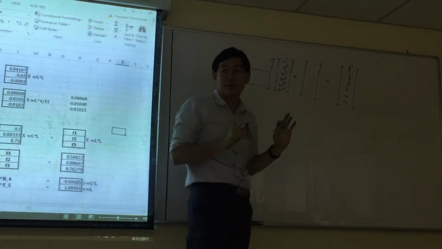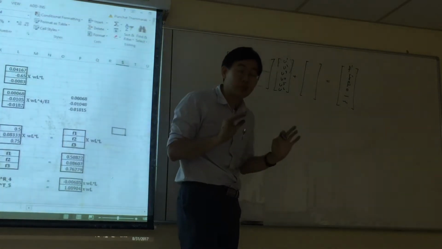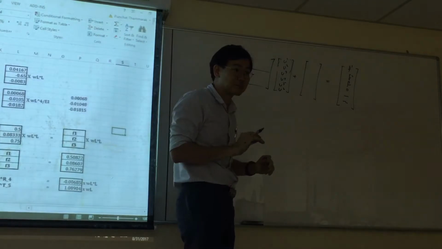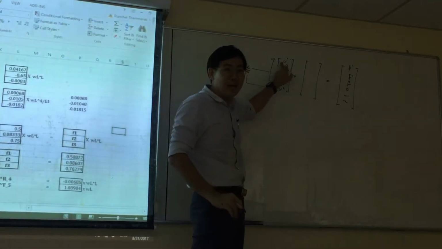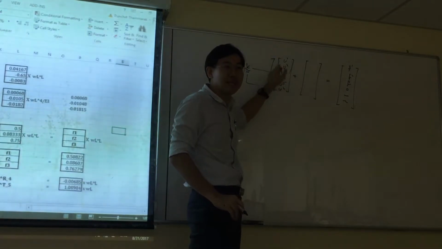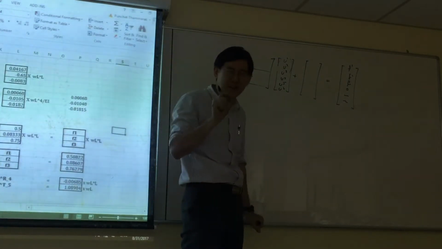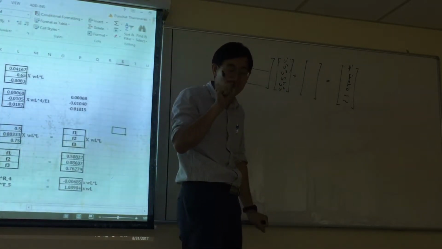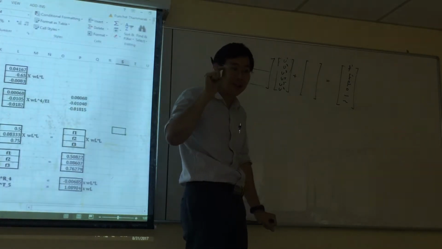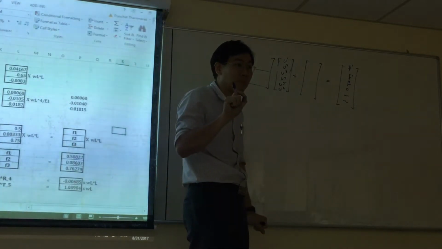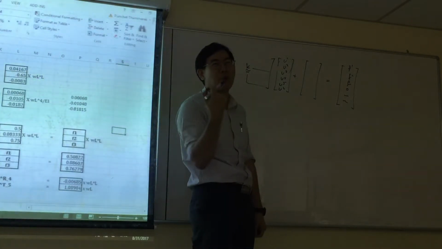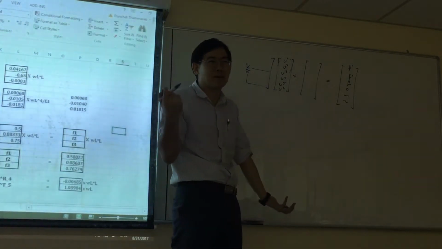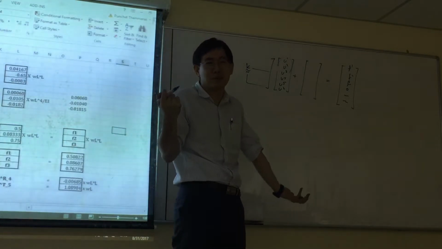If you use the penalty method, you don't disturb the system much, because now you allow these to be non-zero, even though they are very small, close to 0, but still non-zero. So we say, okay, why not? If the support moves 0.1 microns, what's going to be the problem?